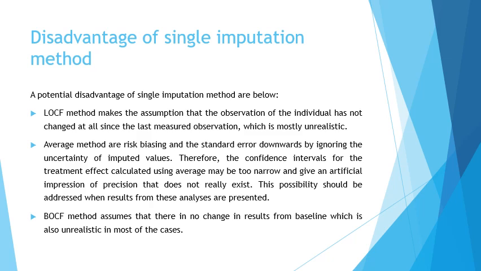This possibility should be addressed when results from these analyses are presented. Obviously, when we replace missing values by an average of non-missing data, we reduce the standard error, and ultimately it affects the confidence interval, and we get a narrower confidence interval in that case.